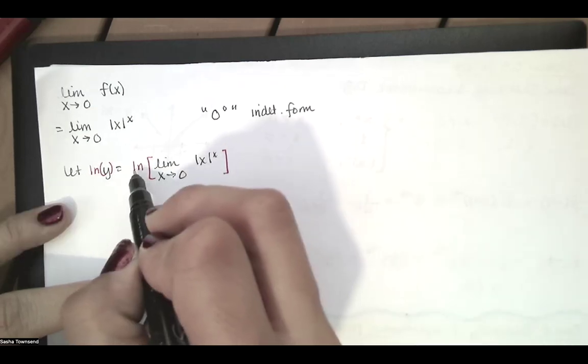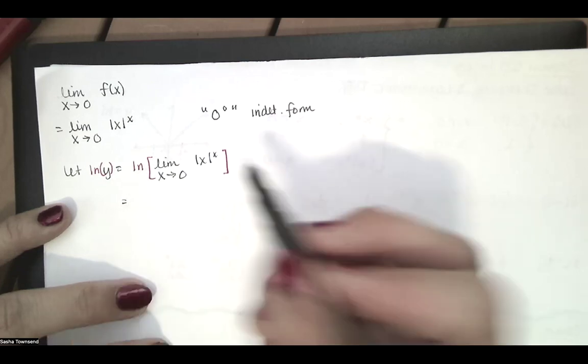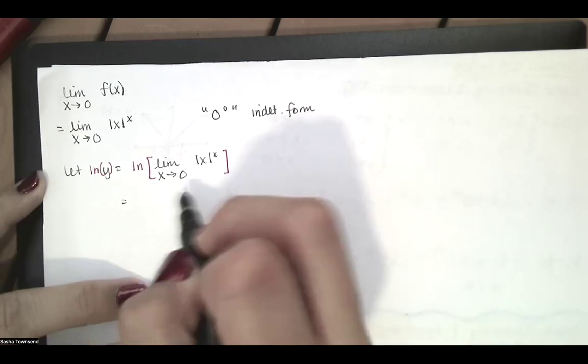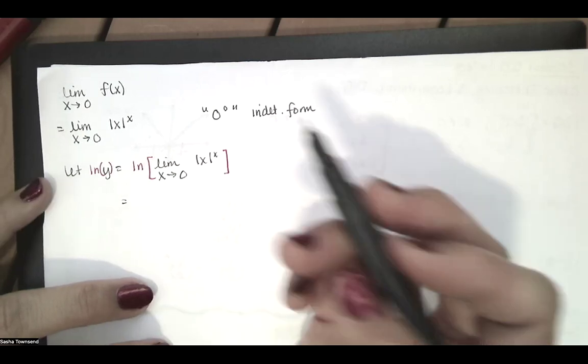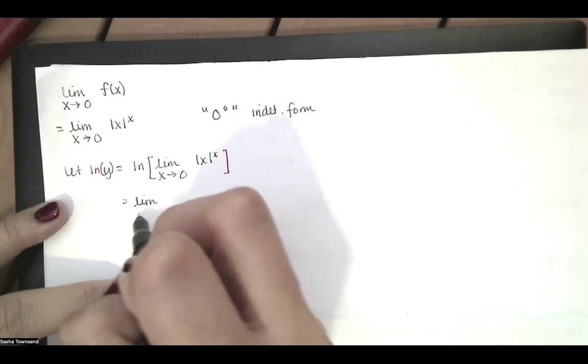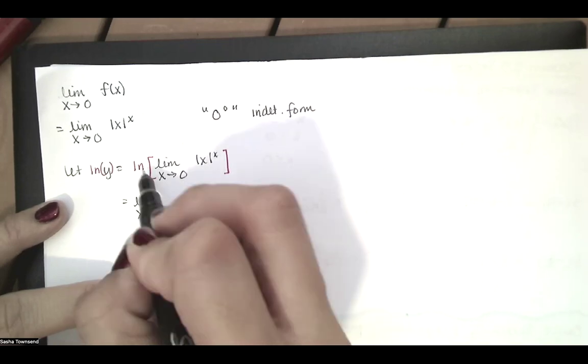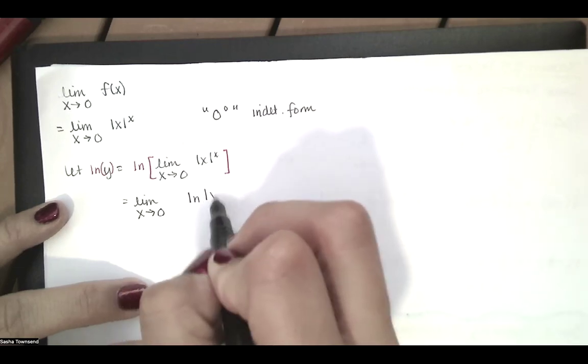So I'm taking the natural log of a limit. Since the log is continuous on its domain, and its domain includes all of the output values of the absolute value of x raised to the x, we can bring the natural log inside the limit. The natural log of the limit is the limit of the natural log.